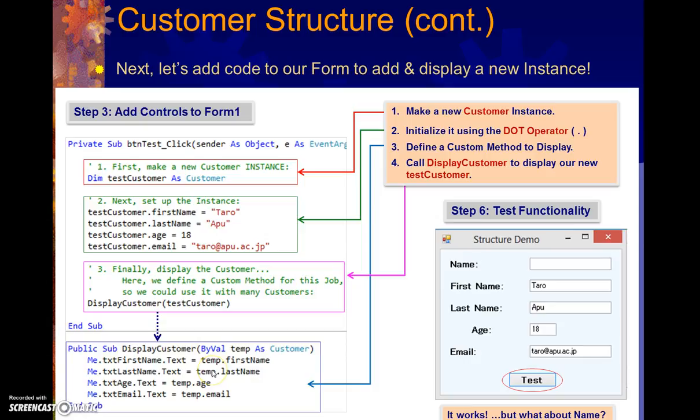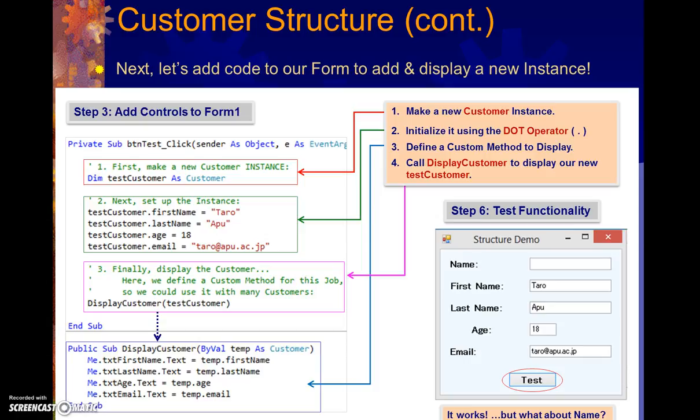We can also access temp's last name because it has a last name, has age, and email. And what are we going to do with these? You can ignore this me here. Just ignore it. We're going to take this and fill it in to here. No, sorry. Here, here, here, and here.